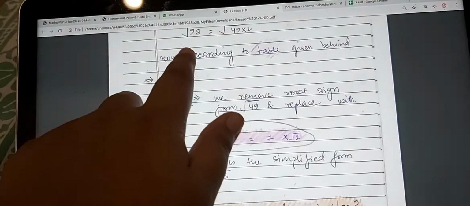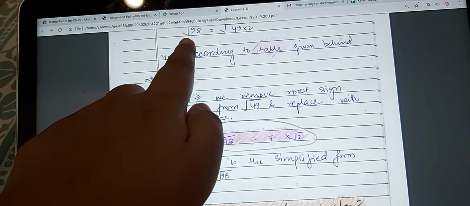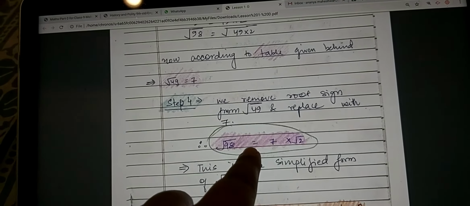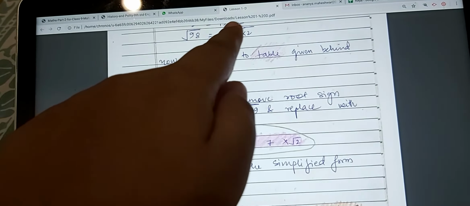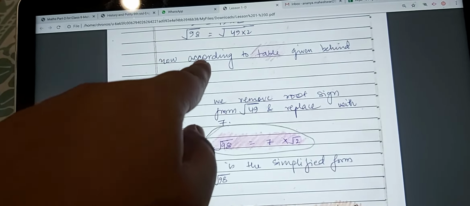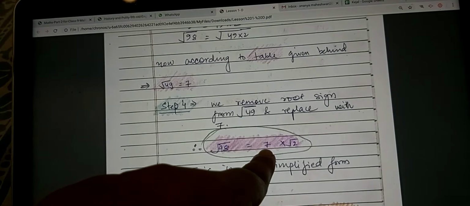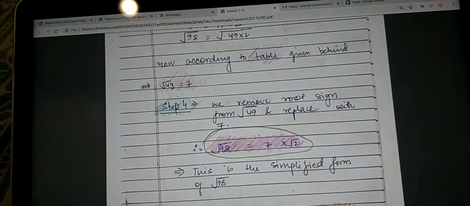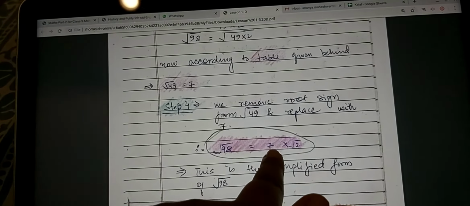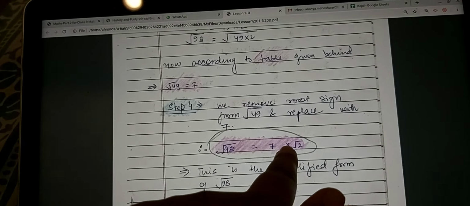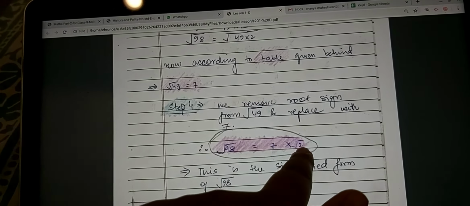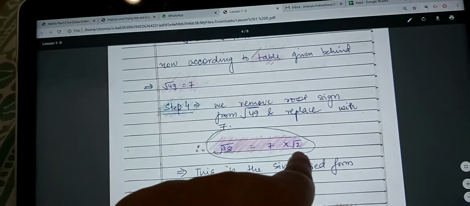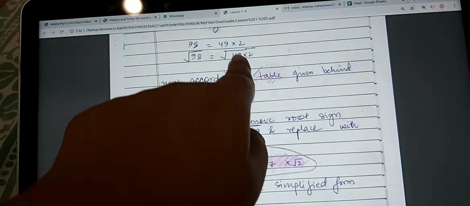So now what happens over here is I will keep square root of 98 the way it is, equal to this square root over 49 that I am going to remove. I will make it into just 7. Okay, because 7 into 7 is 49. If I removed the square root sign, I only have to write 7 into square root of 2. So I don't remove the square root from 2, right? I only remove the square root from 49.